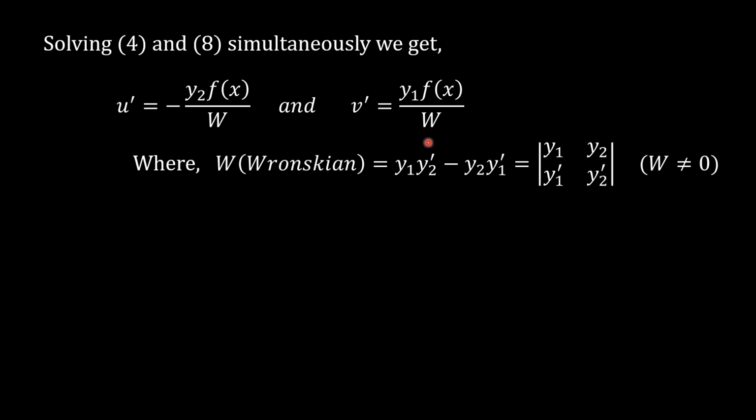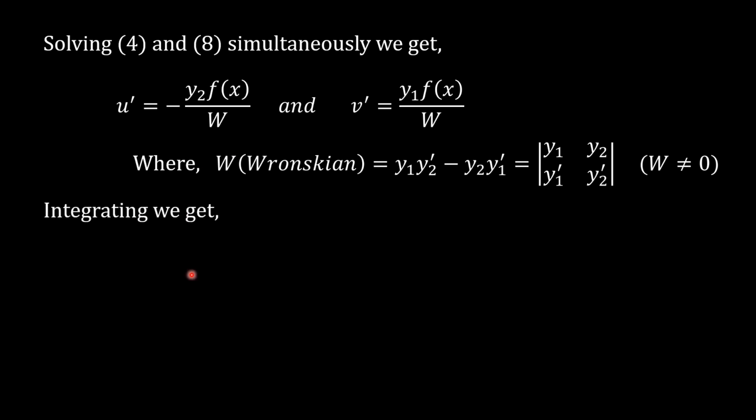Clearly, as this W is appearing in the denominator, this W must be non-zero. So this is an important condition, that the Wronskian must be non-zero. Now to get u and v, we just have to integrate these two relations.